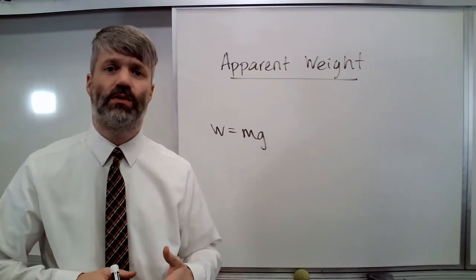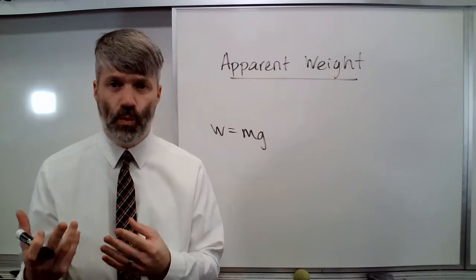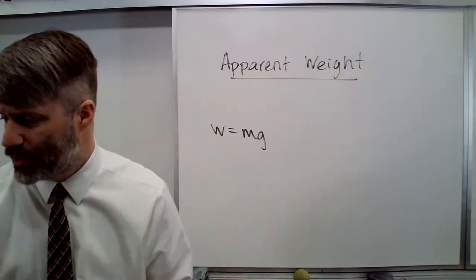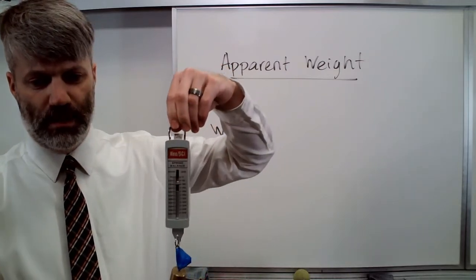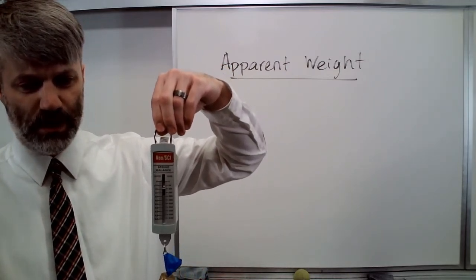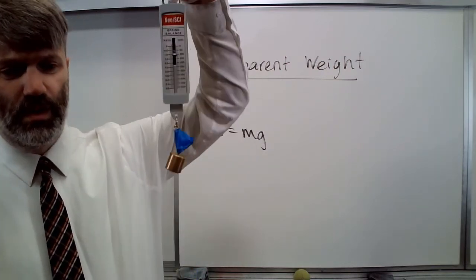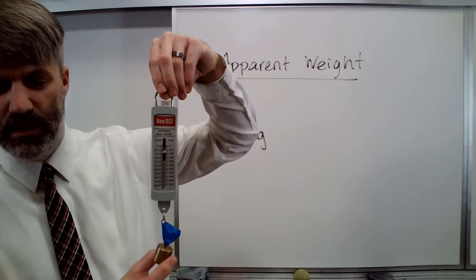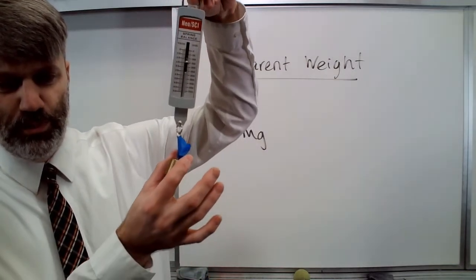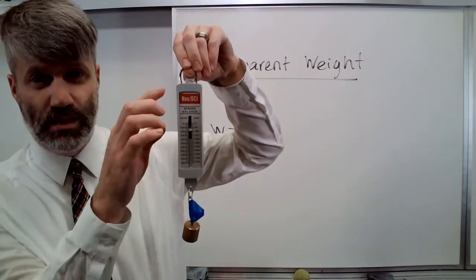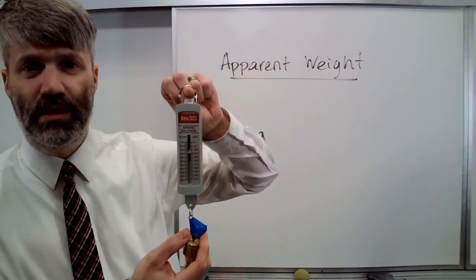It depends on whether you are accelerating against the force of gravity or if you're accelerating with the force of gravity. Note with the spring scale that starting here with the weight, we've got it like so, but if it accelerates upwards, we'll see that the inertia takes a second, and it has to pull upwards, and the thing that's measured, the pull upwards, is the apparent weight in this case.